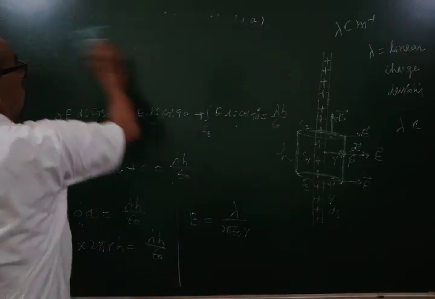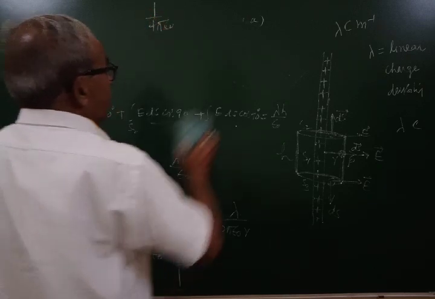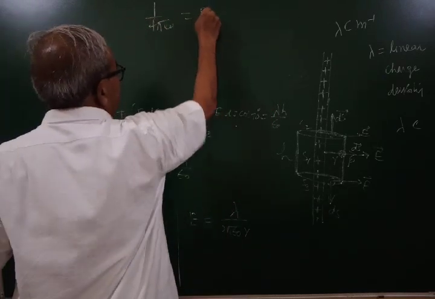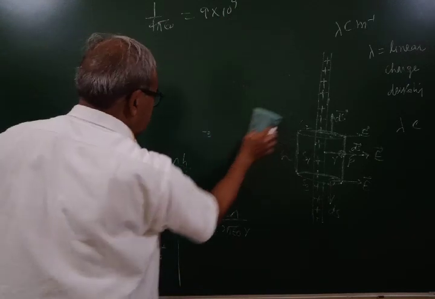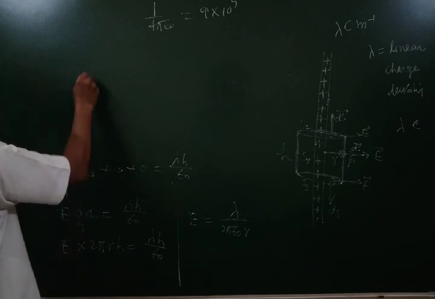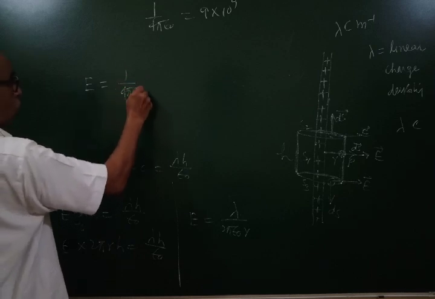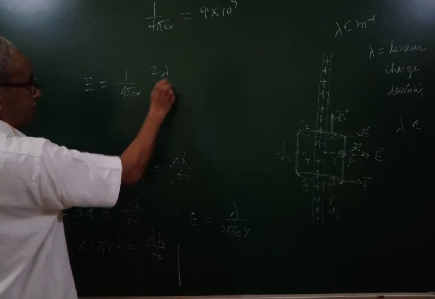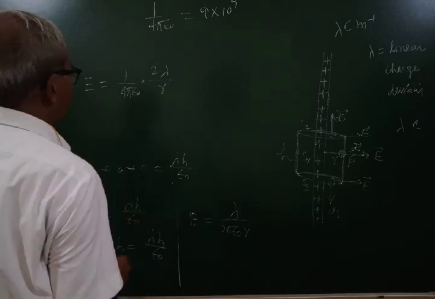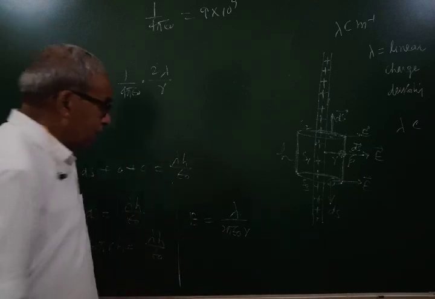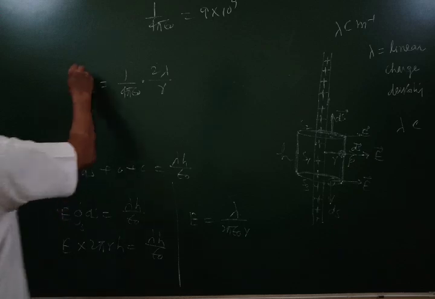We know 1 upon 4 pi epsilon 0 is 9 into 10 to the power 9, but here it is 1 upon 2 pi epsilon 0. So to make calculation simple, we write E equal to 1 upon 4 pi epsilon 0 into 2 lambda upon r, and you can directly use the value 9 into 10 to the power 9. Generally I have seen students start writing the value by 3.14 and epsilon 0 as 8.85, and the calculation becomes difficult.